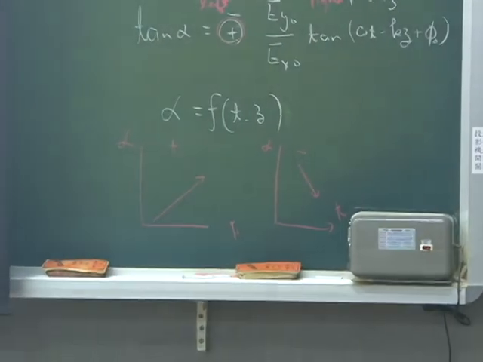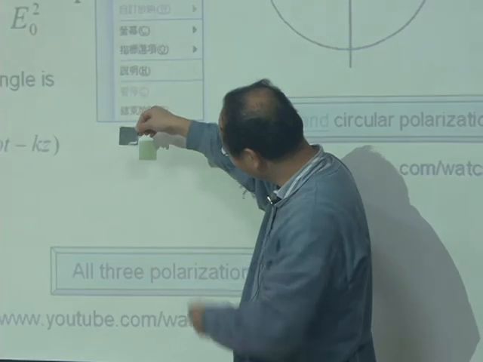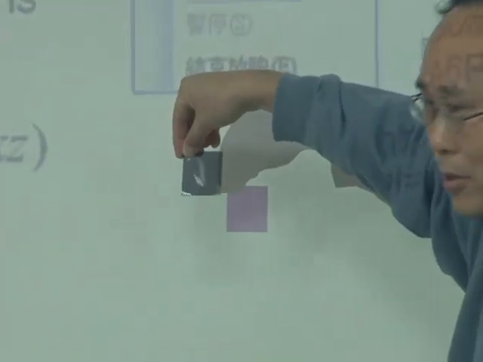So this, if I take out this, you can see clear that this is green, but if you rotate it, it becomes purple.